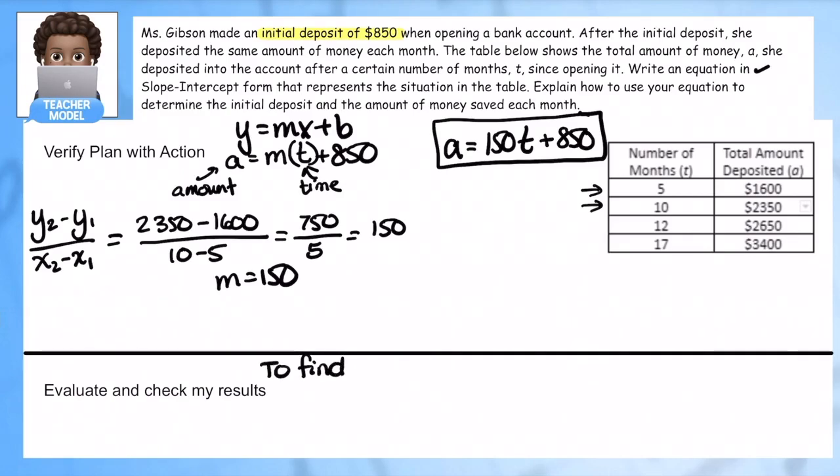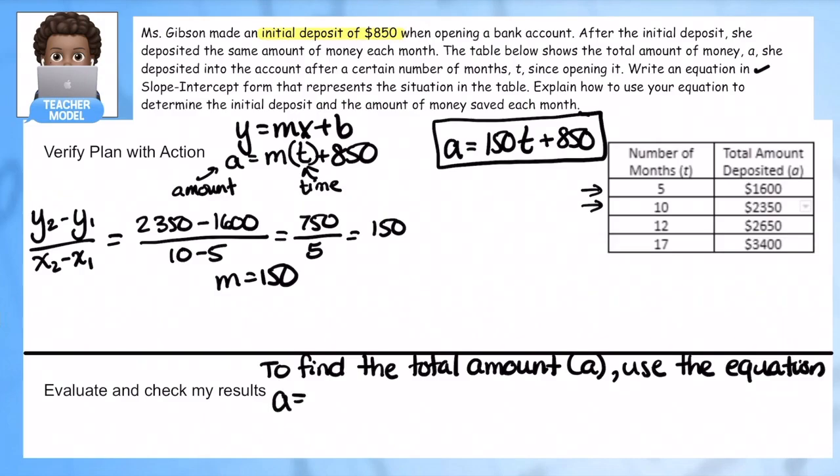To find the total amount, A, use the equation A is equal to 150t plus 850, where t is the number of months.